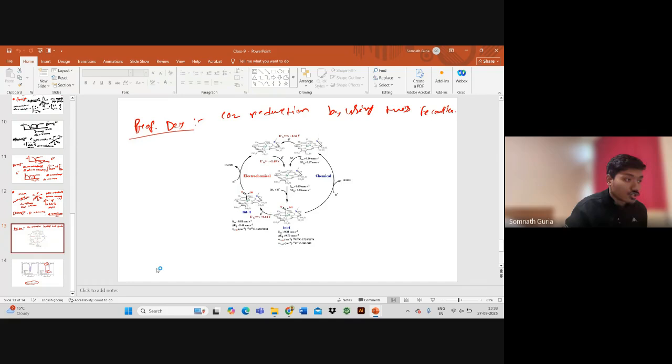This is the iron 2, followed by further electron transfer, then CO2 binding, followed by proton binding and generation of the iron 3 COOH.